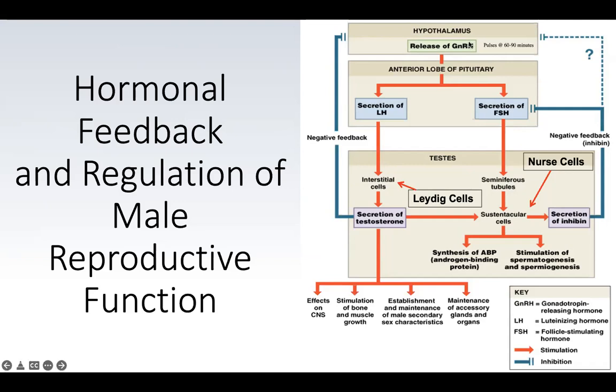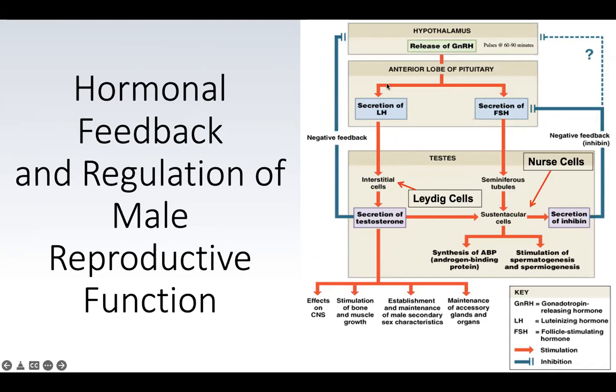It releases GnRH, which stands for gonadotropic releasing hormone. The gonadotropic releasing hormone will travel through the hypophyseal portal system that you find at the infundibulum. The infundibulum is the stalk that connects the hypothalamus to the pituitary gland.